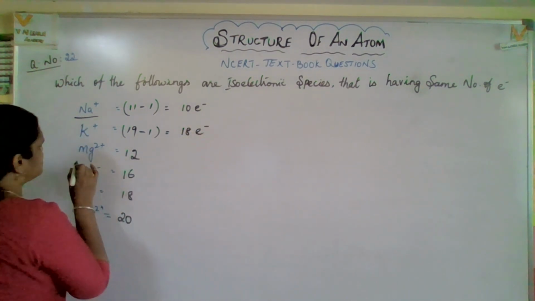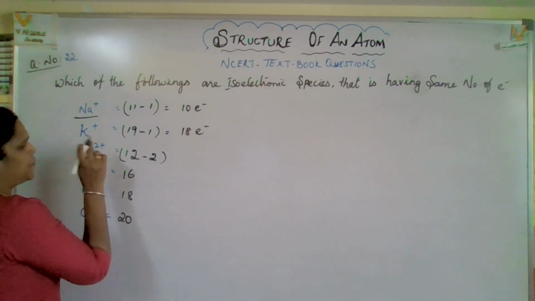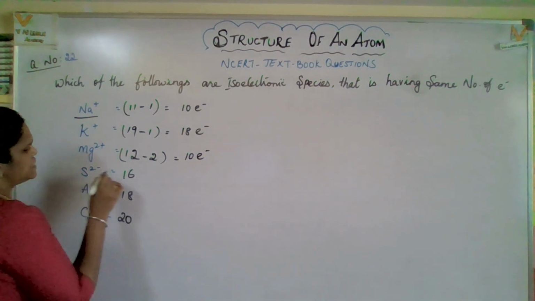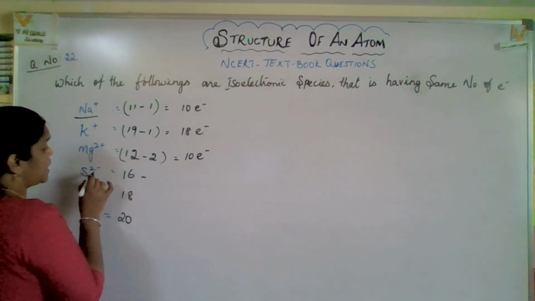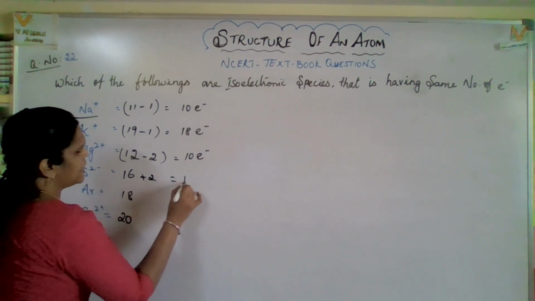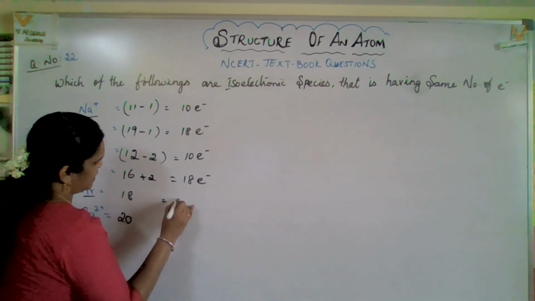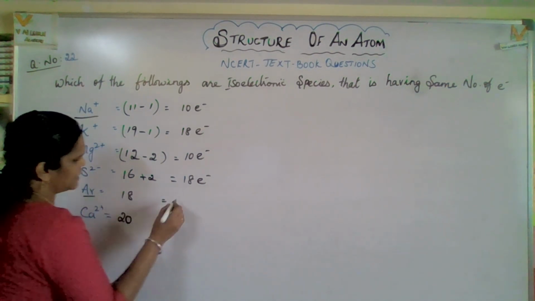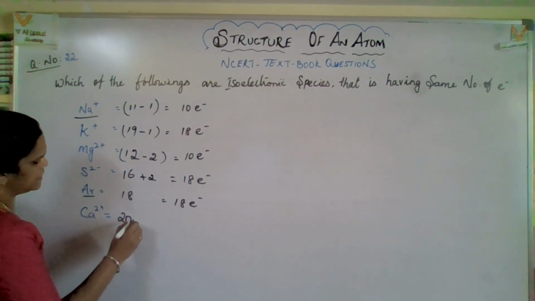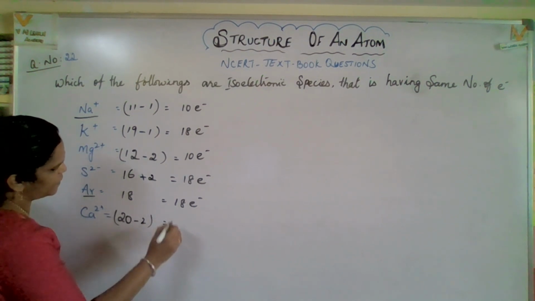Mg2 plus, 12 minus 2, so 10 electrons. And S2 minus, 16 plus 2 electrons, so 18 electrons. Argon, of course, is 18 electrons only, with no plus or minus. Here Ca2 plus, 20 minus 2, so 18 electrons.